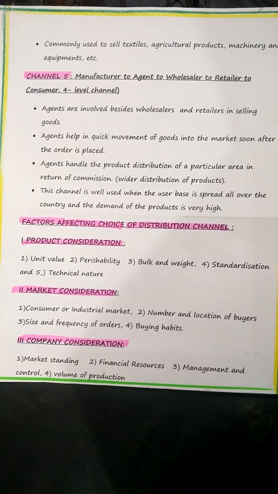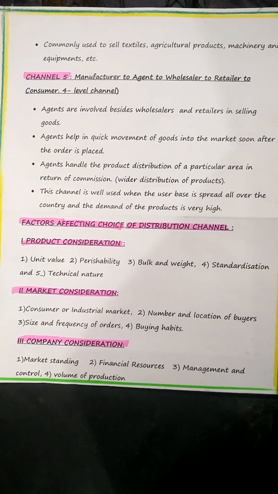Also distribution channels for consumer goods, components of place and distribution mix, direct channel and indirect channel, features, 5 levels of channel. And I also named the factors affecting the choice of distribution channel, only the names: product consideration, market consideration, company consideration, and middlemen. Children, please understand that.